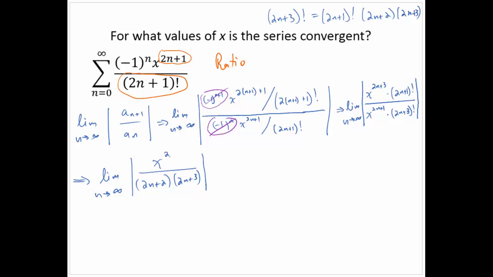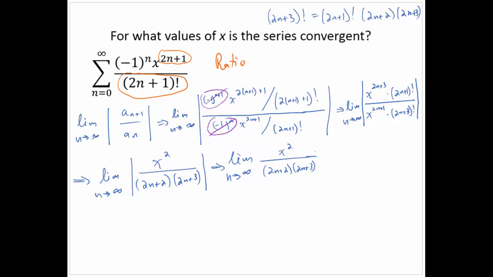Now n's positive and x squared is going to be positive, so I really don't need the absolute values anymore. So now I can just write this as the limit with n approaching infinity of x squared over 2n plus 2 times 2n plus 3.